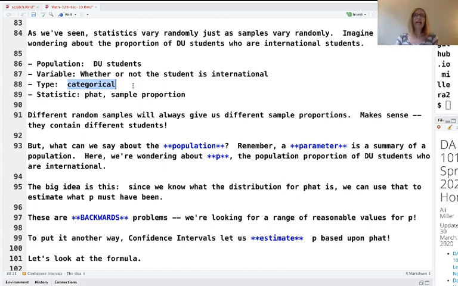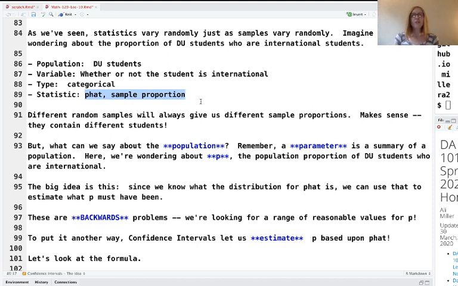It's not a number. We're not counting something or measuring something. And so the statistic that we think of for this variable is p hat, the sample proportion. Every time we take a different sample, we're going to get a different sample proportion because we'll have different students in the sample, so there's going to be a different number of them that are international students.